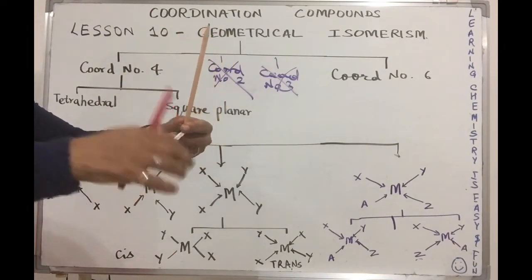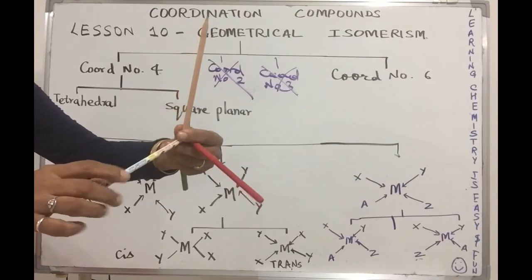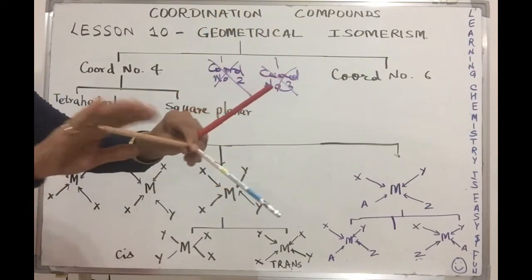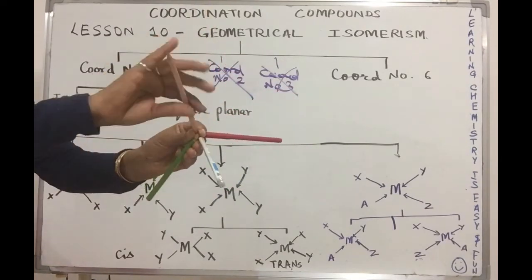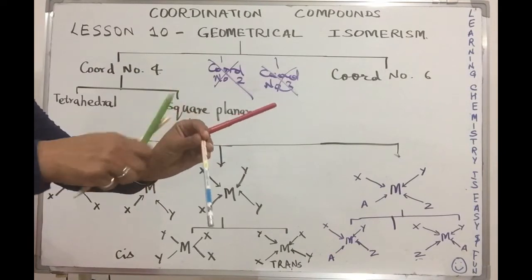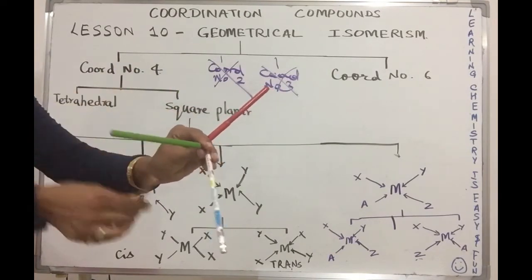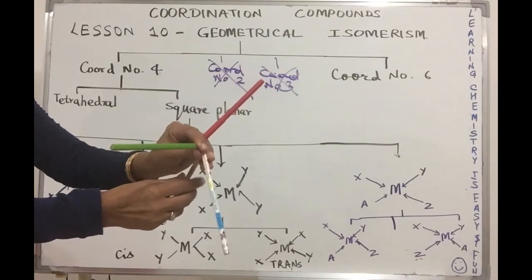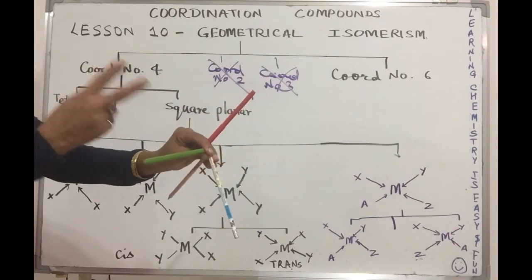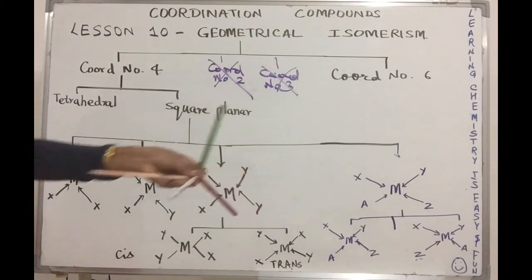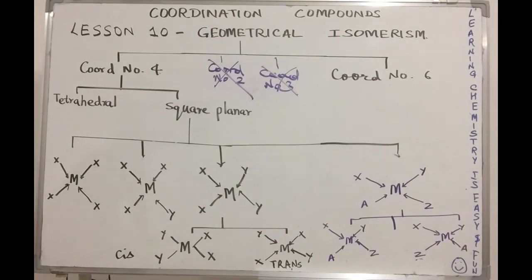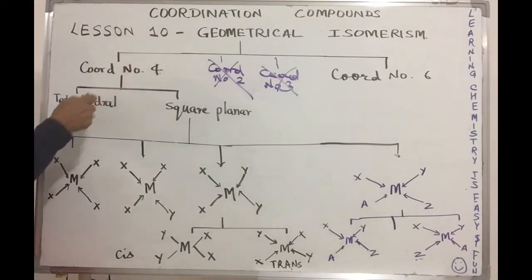See, this is what I'm doing. There are 4 ligands. All 4 are different, but still the shape does not change no matter what the position of the ligand is. They are all the same. So again I cannot have two or more possible arrangements for these ligands. So when we have a coordination compound with a tetrahedral arrangement, again no geometrical isomers here.